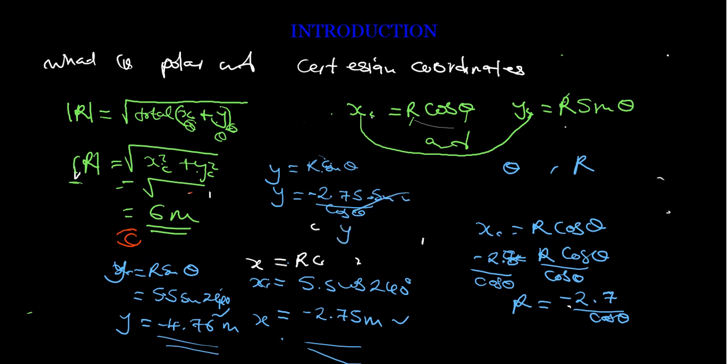So it's y is equal to 2.75 tan theta. So now you know this value for x, that's negative 4 point something. So you're just dividing, in short, 2.75.